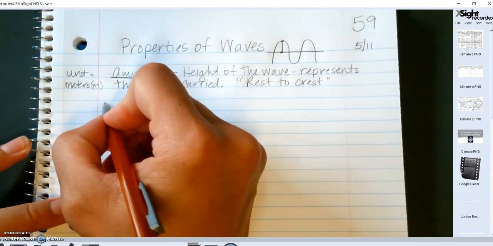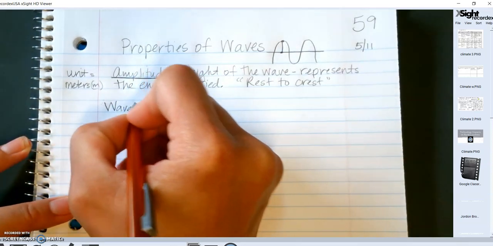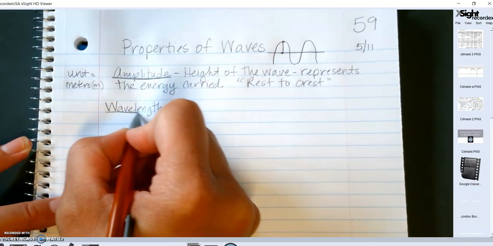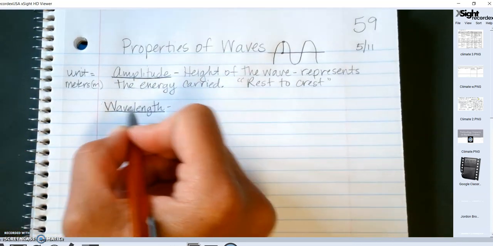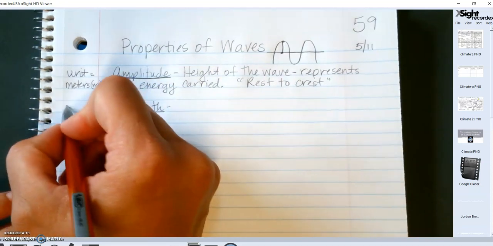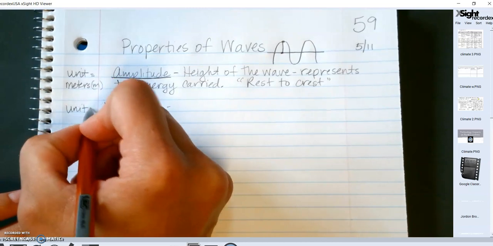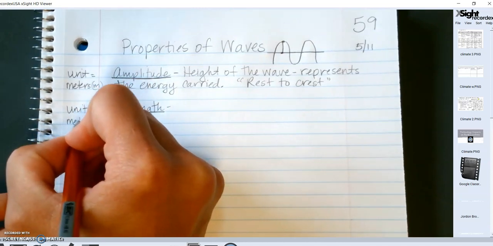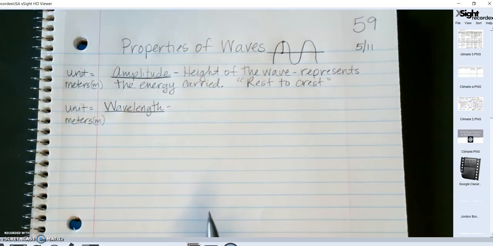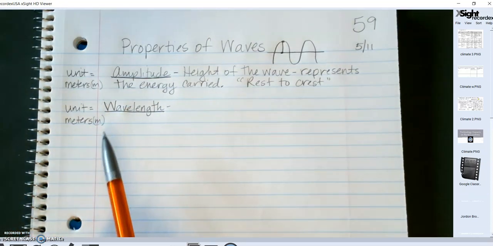Okay, the second thing is going to be the wavelength. And the wavelength is just what it sounds. It's the length of a single wave. So length is also a unit that's measured in meters because it is a distance. And when we did our virtual lab, you were using meters as your measurement.